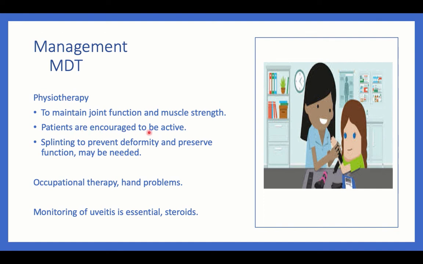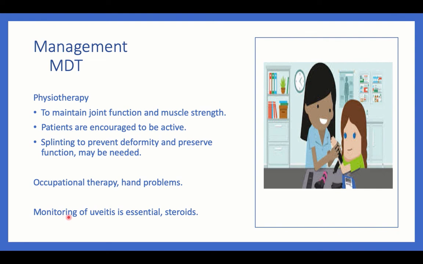Patients are encouraged to be active, practicing exercise. Sometimes splinting of the joint is used to prevent deformity and preserve function; it may be needed but is less often used now. By occupational therapy, we mean that if we have some hand problems, we help the patient to get great benefit through the fine motor skills.